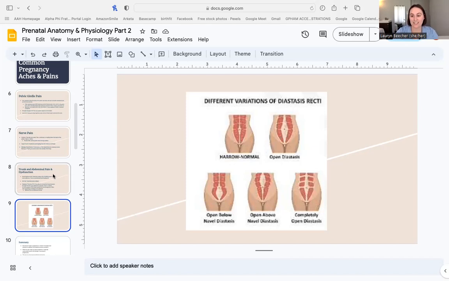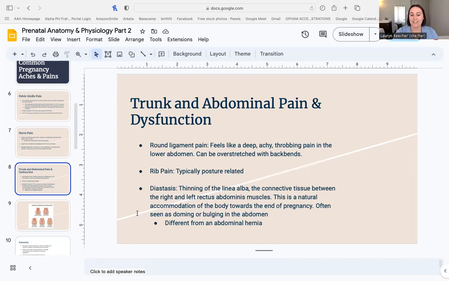With diastasis, I did want to mention that it is different than an abdominal hernia. Oftentimes during pregnancy, someone will see a change at their belly button where their innie is now flat or an outie. If there is something that is truly popping out around the belly button, that can be an umbilical hernia, a hernia around the umbilicus.